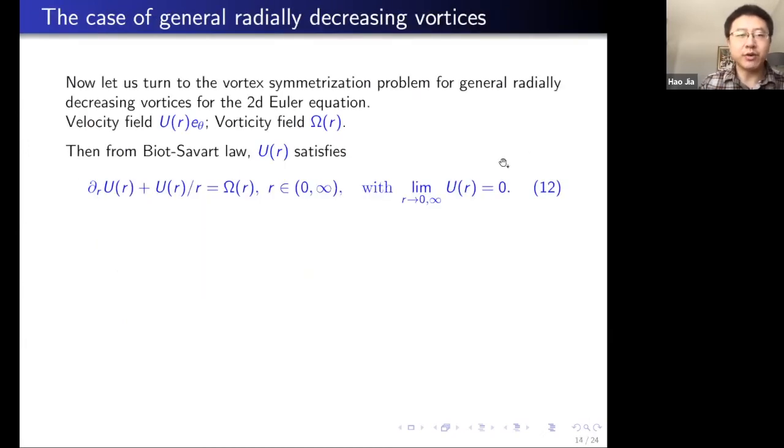Instead, I will now move to the general problem, which is the vortex symmetrization problem for a general radially decreasing vortex for the 2D Euler equation. In this case, the general nonlinear problem is still open. What we have been doing is to develop a linear theory which is robust enough that we have hope to match the nonlinear analysis.